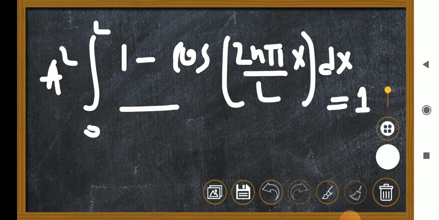So this whole is divided by 2. Because this is a cos function, if we integrate it, it will form a sine function.